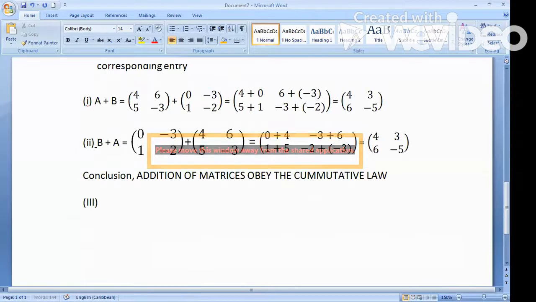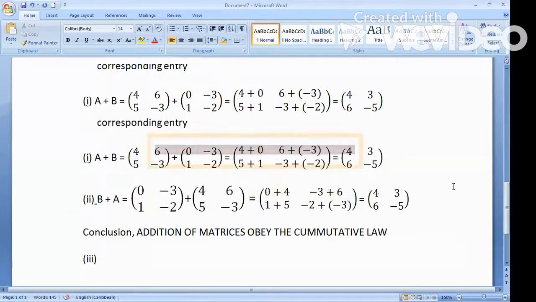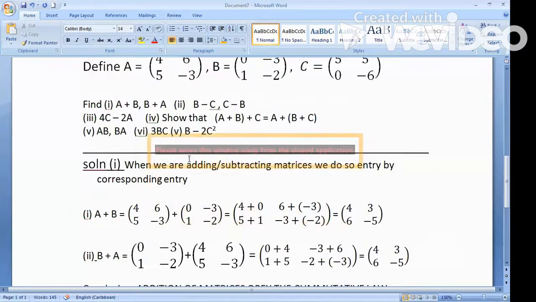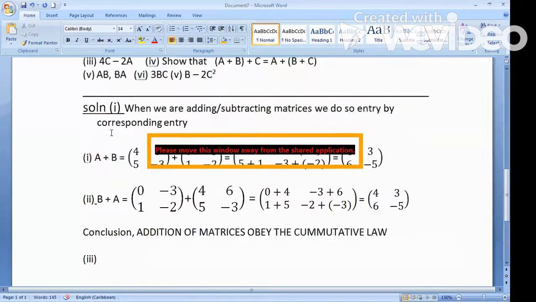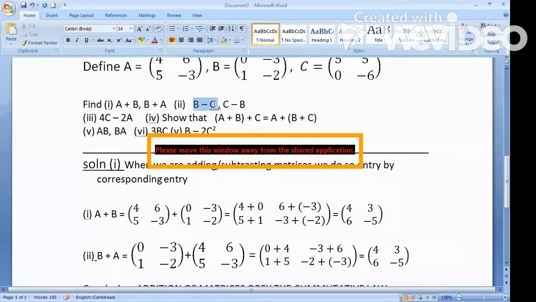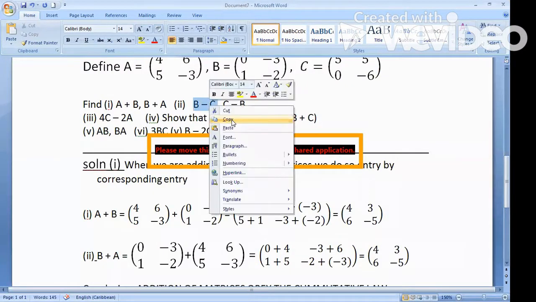Let's look at part 3. Part 3 says B minus C. Right, B, this one here, not true? B minus C. Let me just copy and paste it. Boy, I'm just using up this technology thing here just to avoid work.